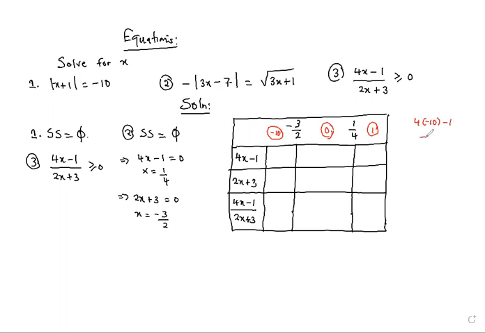This is going to be -41. This number is negative. Then we put 0: 4 times 0 minus 1, we get -1. This is negative. We put 1: 4 times 1 minus 1, this is 3, which is positive.